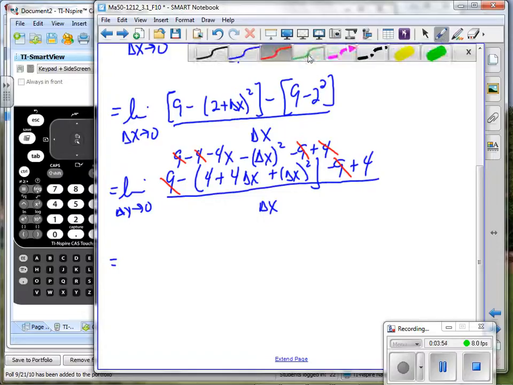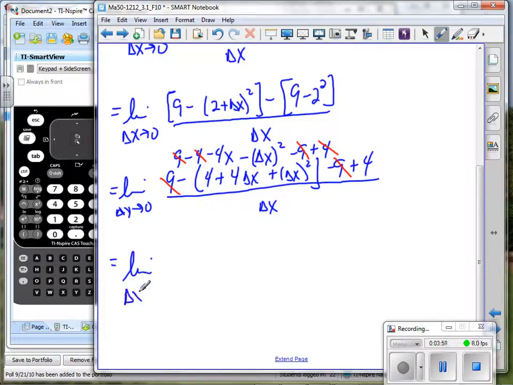Why is that important? I've got to be able to factor out a delta x from that numerator. If I still have a term up here without a delta x in it, I've made a mistake.